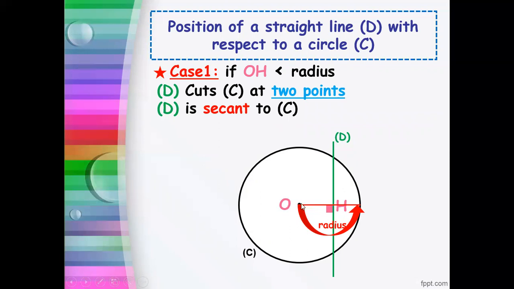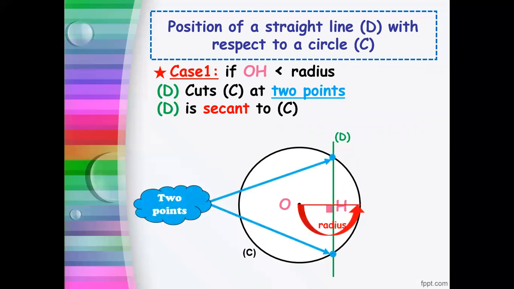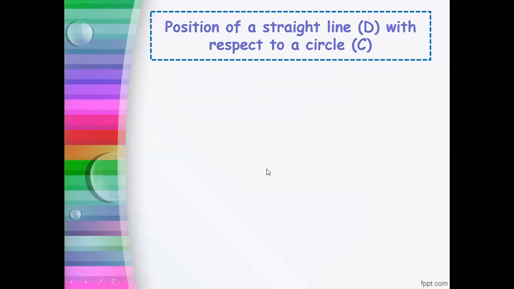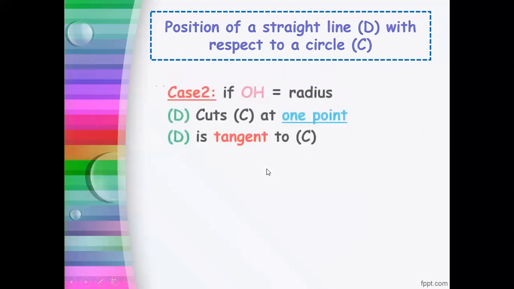It is OH and it is the radius. In this case, we have 2 points, 2 intersection points. So in this case, we say that the straight line D is secant to the circle C. Let's see the second case.